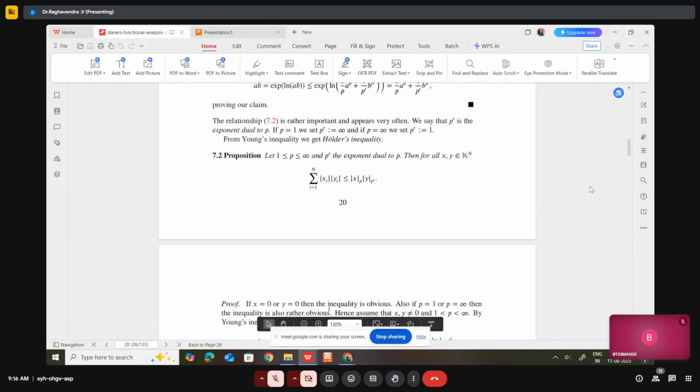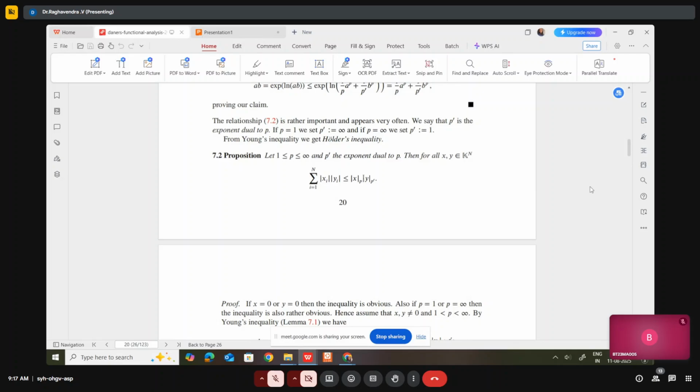If x is 0 or y is 0, this inequality in 7.2 is trivial. When p is 1 or p is infinity, then also this is simple. Nothing great about that. That's the triangle inequality that you use on the real line.